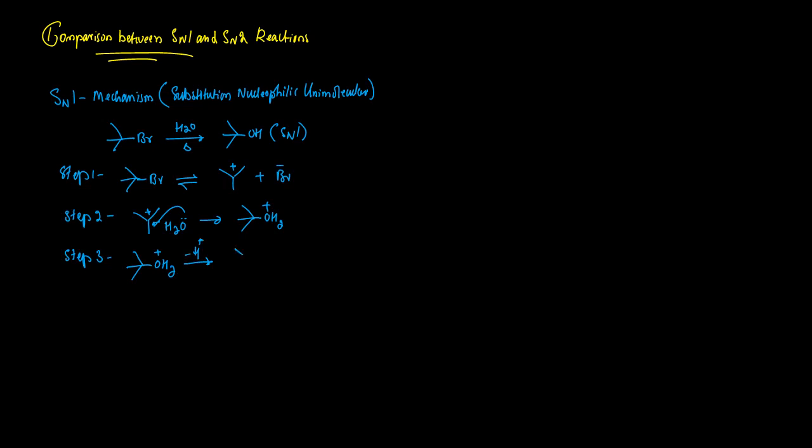Hydrogen is lost and we get tertiary butyl alcohol. So this is a simple SN1 mechanism that proceeds through 3 different steps.